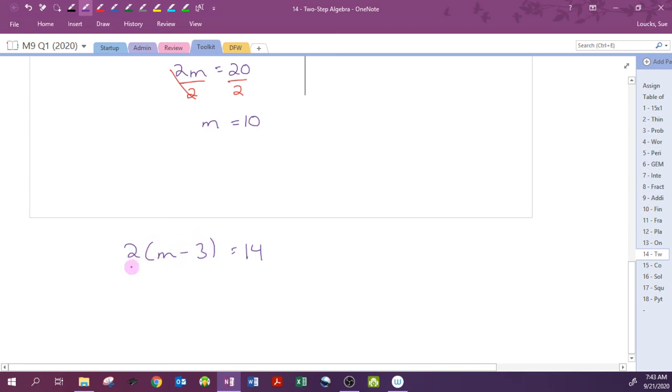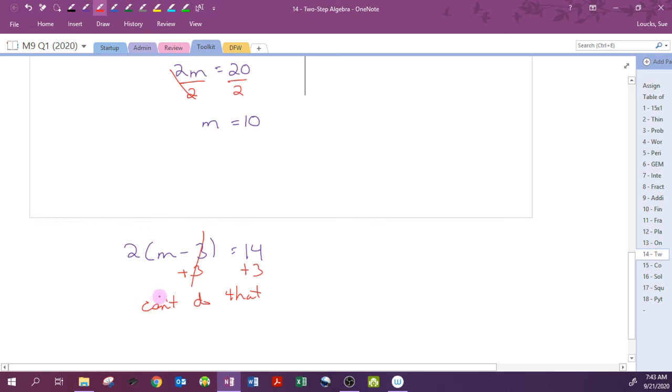I have 2 of those. So if I add 3 to the left side, and I add 3 to the right side, and I try and cancel those out, I can't do that. Okay? You can't do that because you have 2 of them. You can't cancel out anything that's inside the brackets until you get rid of the brackets.